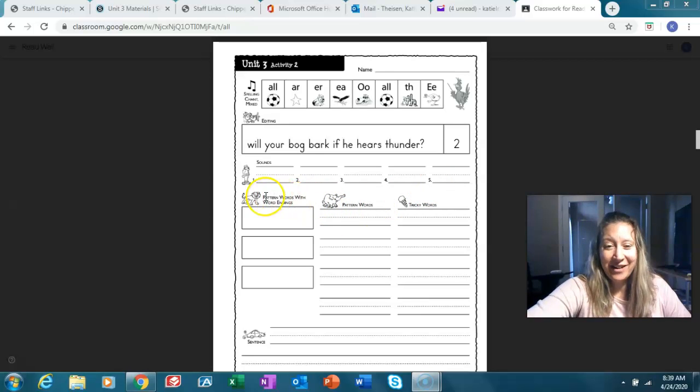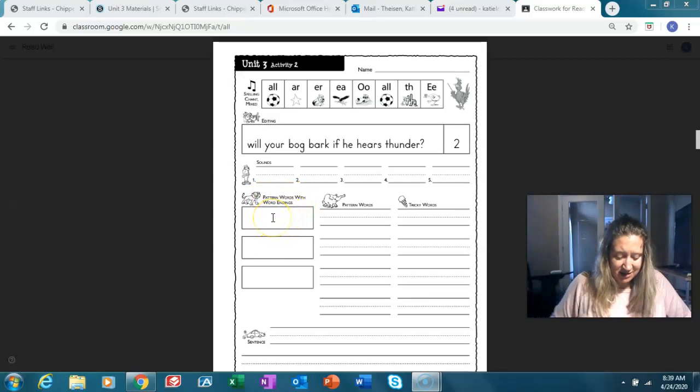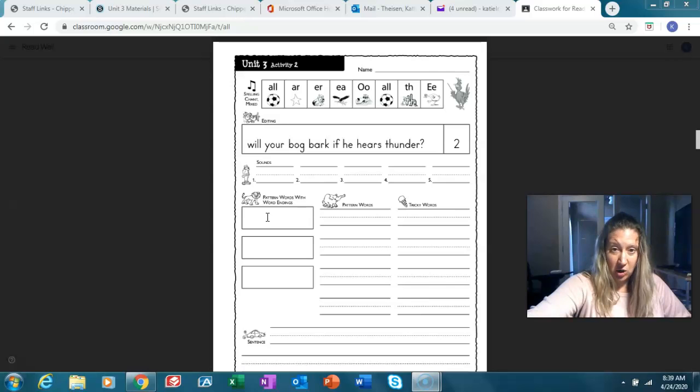Good. All right, go ahead into the pattern word over here underneath the, it looks like a lion. Is that a lion? Yeah, it looks like a lion. Okay. So, you're going to write the word tall.